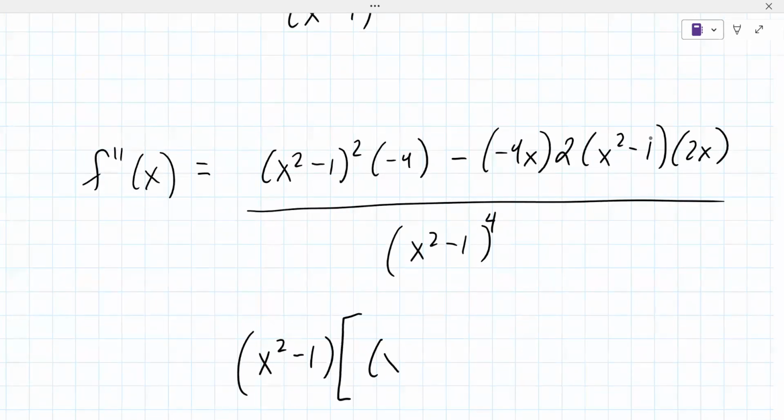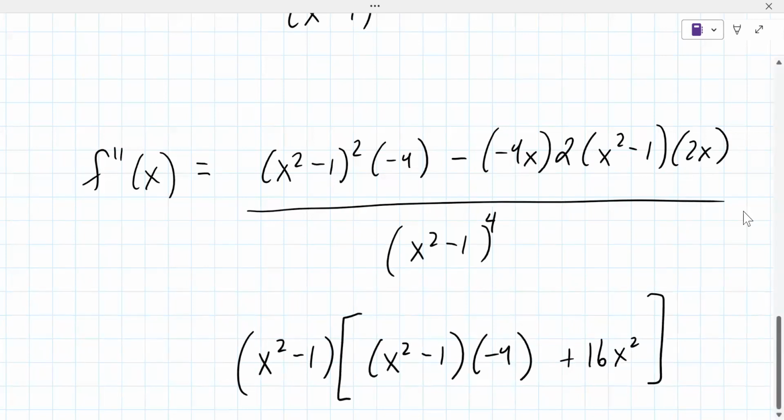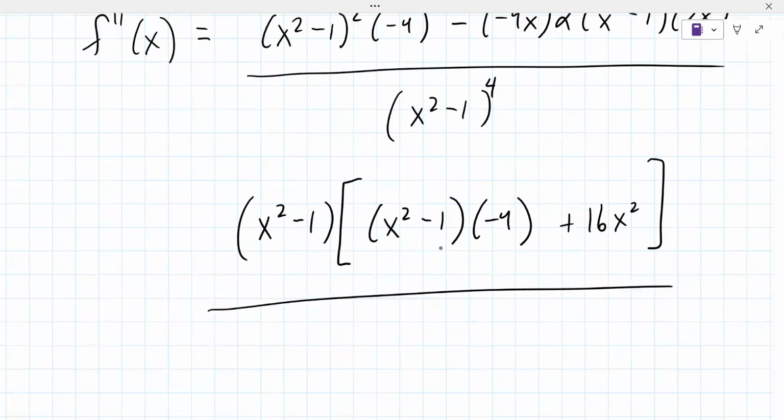So you end up getting x squared minus 1 times negative 4. And then we got some signs going on here. I'll try to do that. So it's positive 4x times 2, that's 8x, times that is 16x squared. And then on the bottom here you got the x squared minus 1 to the 4th.